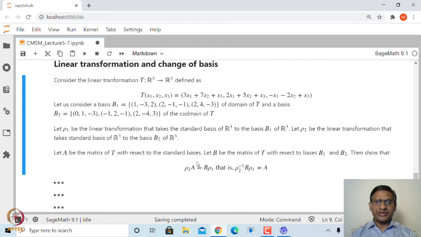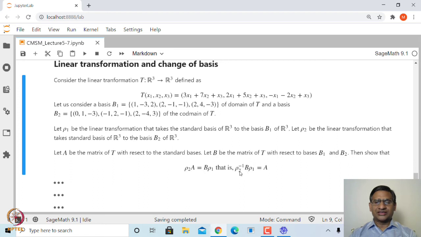So A and B are related by this relation: rho 2 times A equals B times rho 1. Here rho 1 is the matrix of change of basis from the standard basis to B1, and rho 2 is the matrix of change of basis from the standard basis to B2. So this is how A and B are related.